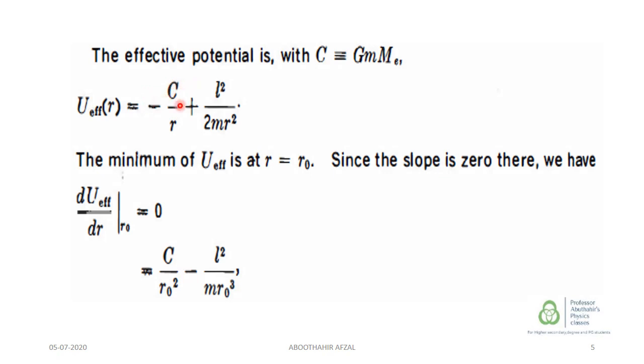If we differentiate minus C by R, we get minus of minus 1 by R square into C. L square by 2m is constant, and if you differentiate 1 by R square it becomes minus 1 by R cube, and the 2 will cancel out. So the answer is C by R0 square minus L square by m R0 cube.